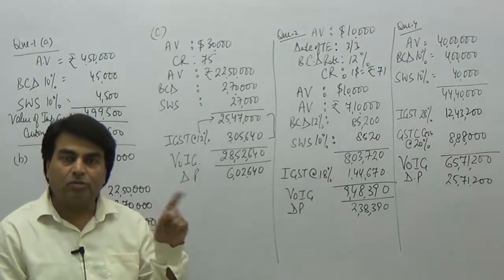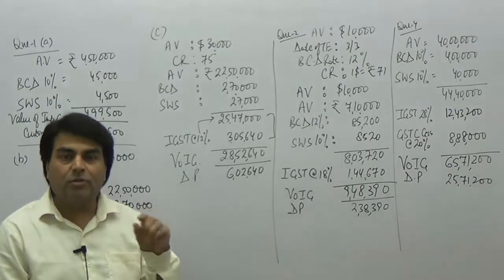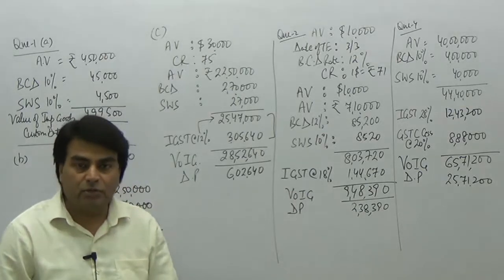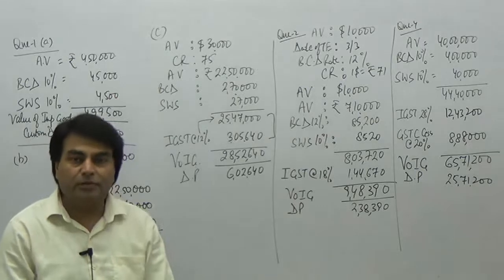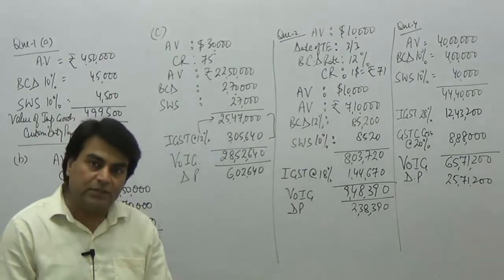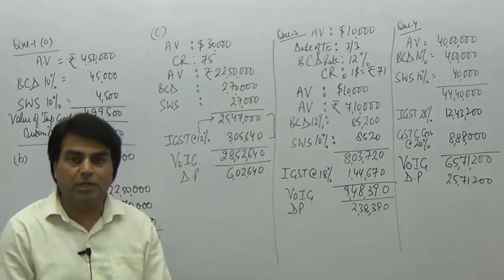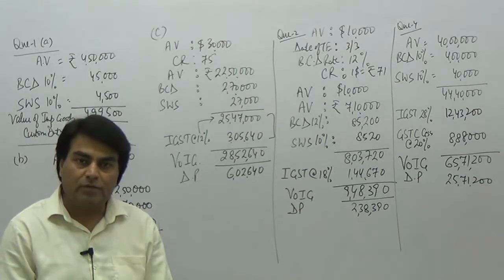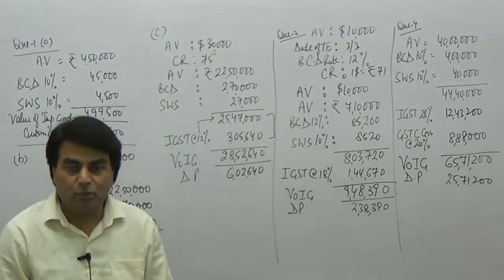But, and this is point number 2, if you are importing such goods from a developing country, then initially we are not going to apply safeguard duty, but when the imports from that developing country exceed 3% of the total import of such goods in India, in that case we impose safeguard duty even on the imports from that developing country. That was point number 2.